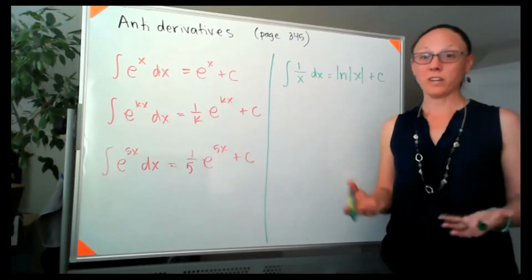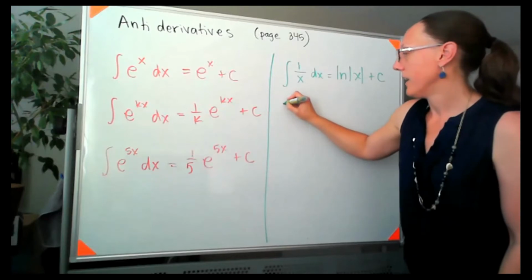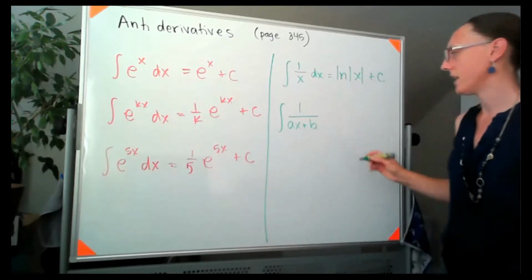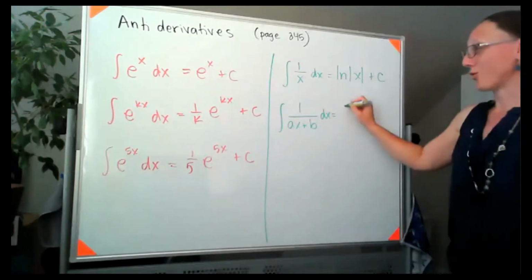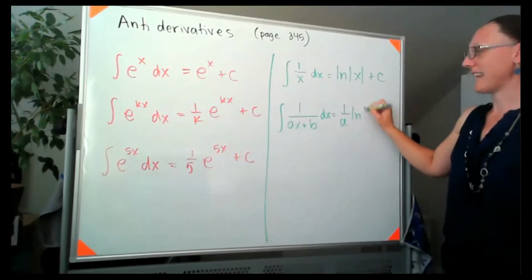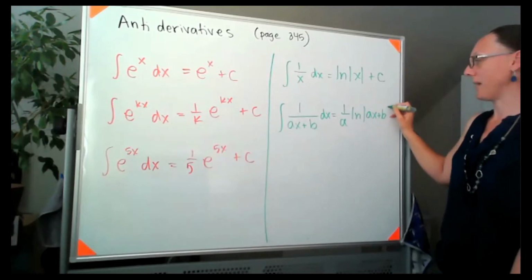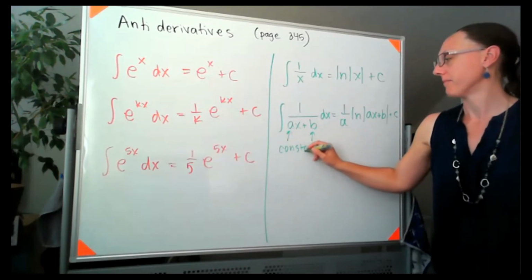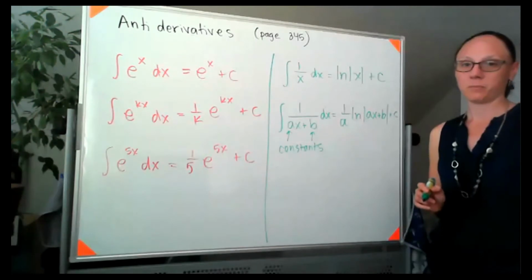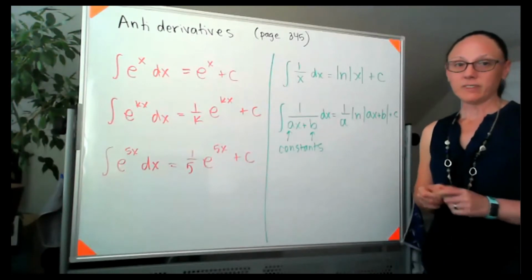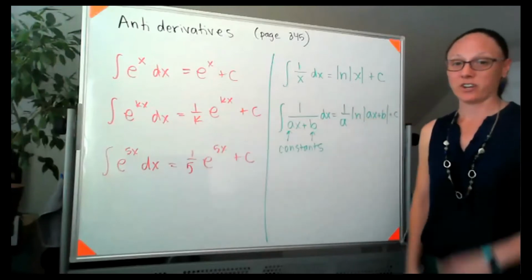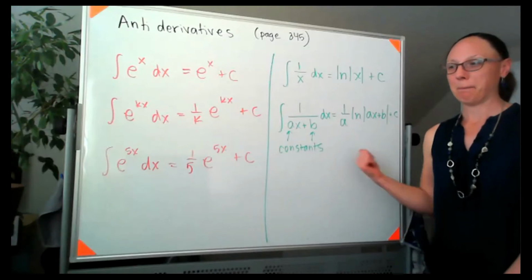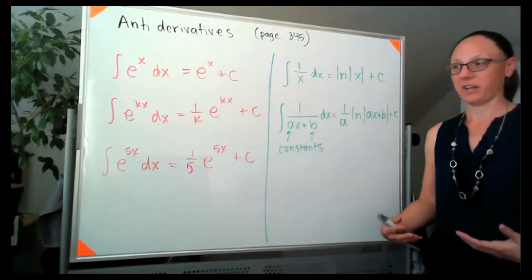But what I wish they had put into the chart is that the integral of 1 over ax plus b is equal to 1 over a times natural log of ax plus b, where a and b are constants. So they do it for e to the x generically, but they don't write it out for natural log of x generically. But I think this is one that's worth putting in your toolkit.